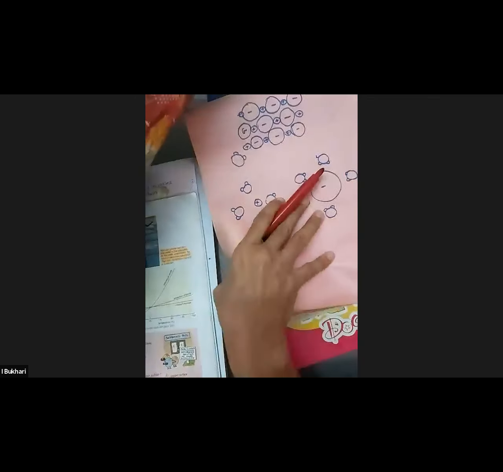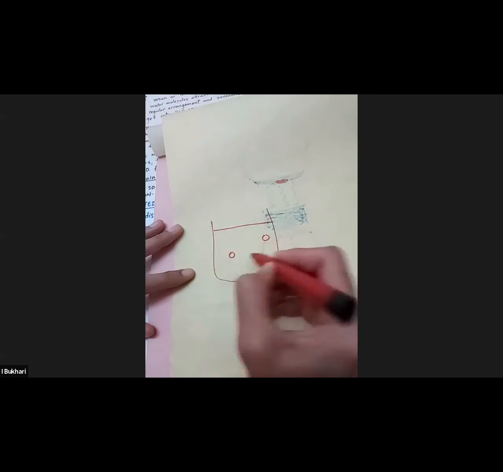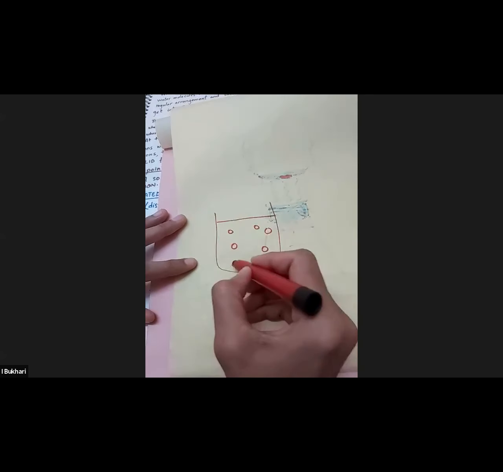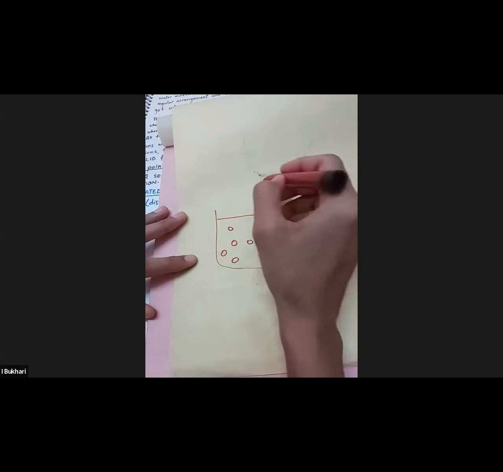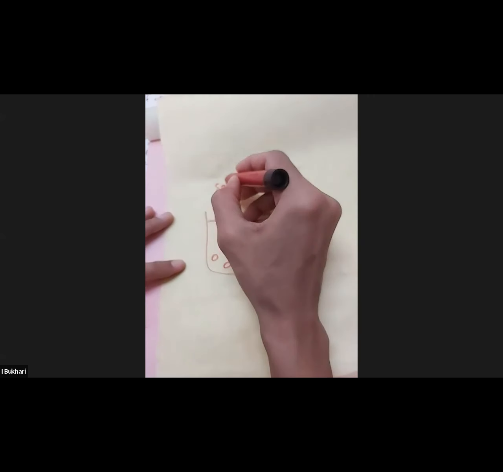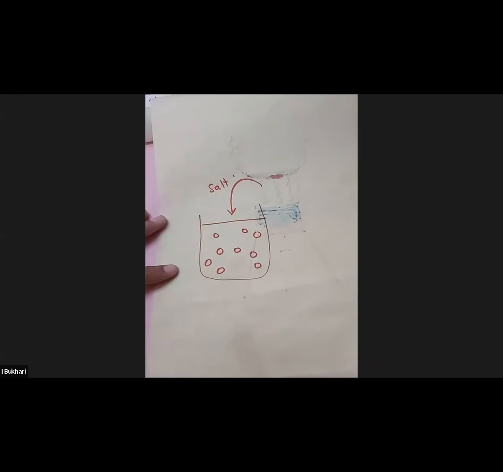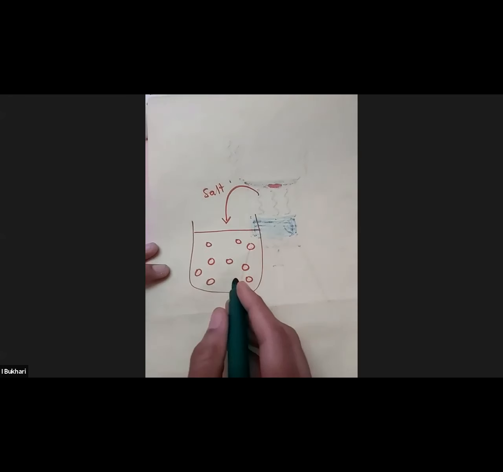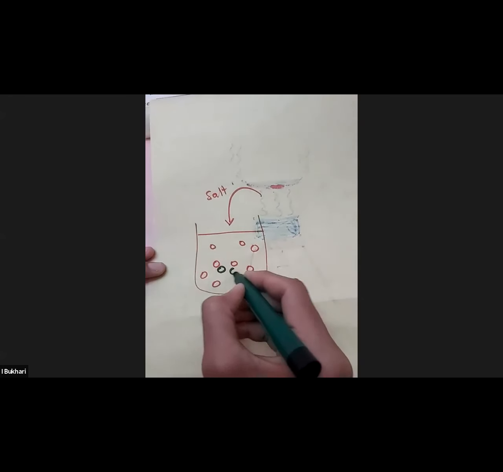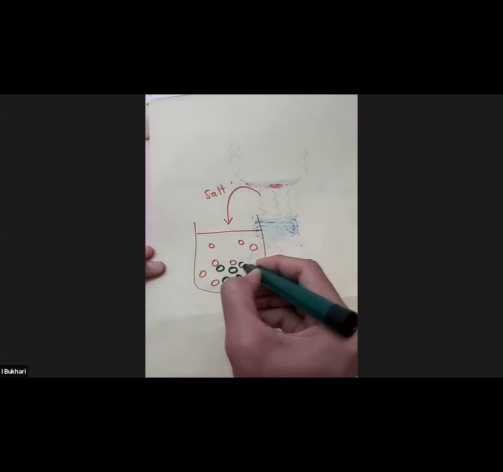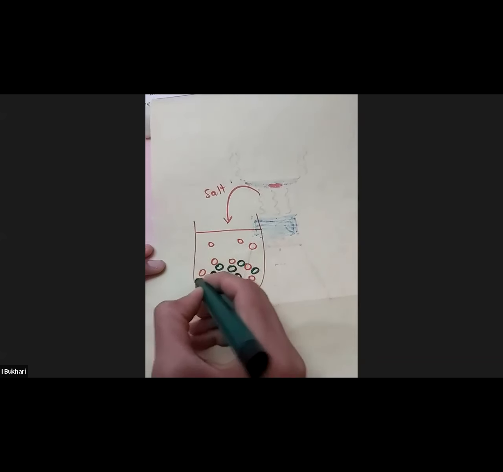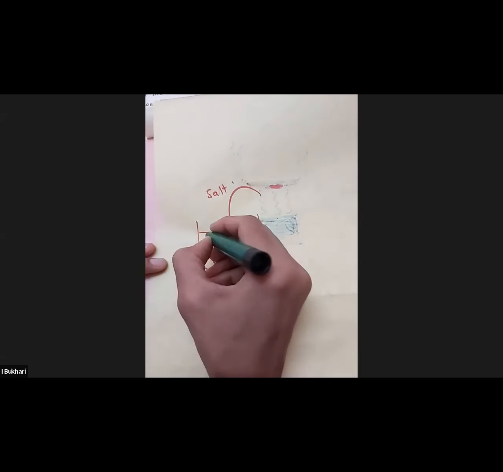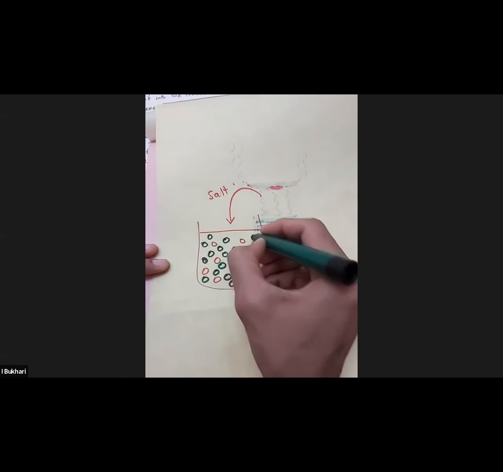For example, this is my beaker and these are the water molecules. Now, if I add salt into it, then the salt will try to accommodate in the spaces in between the water molecules, right?